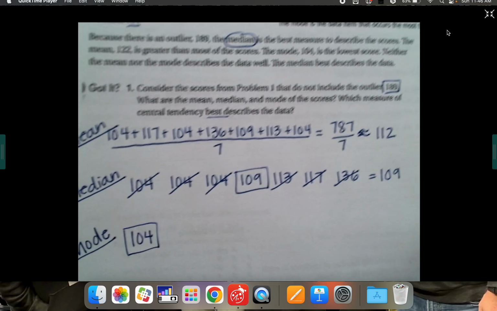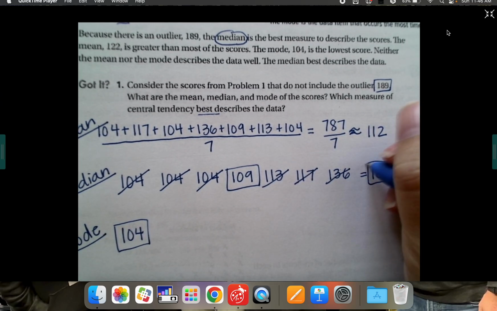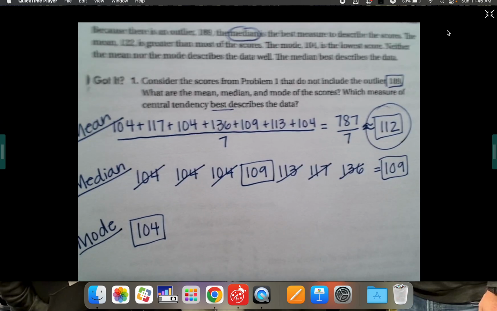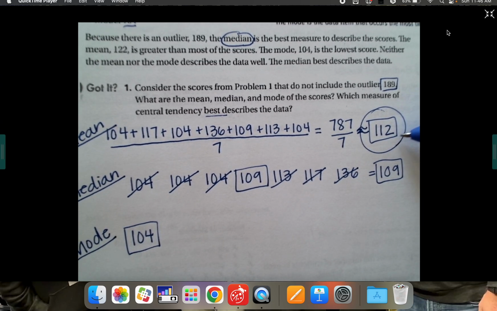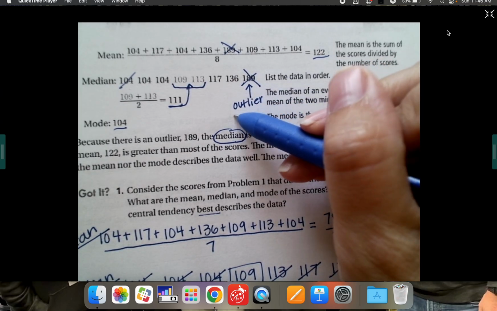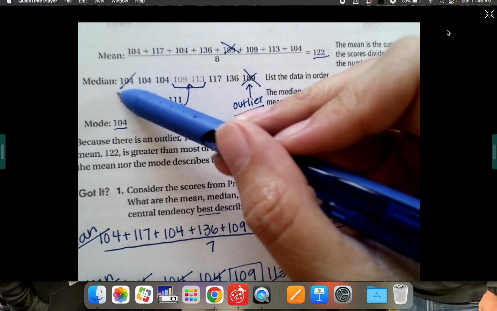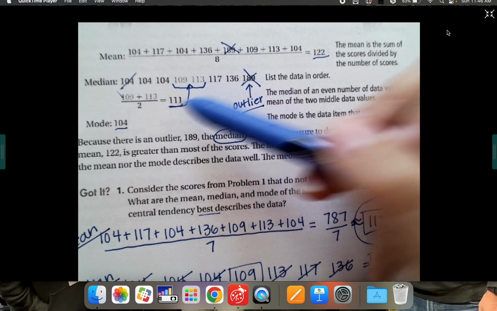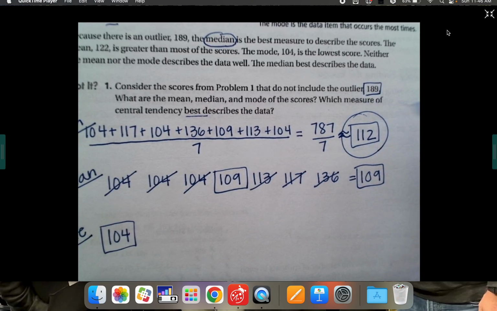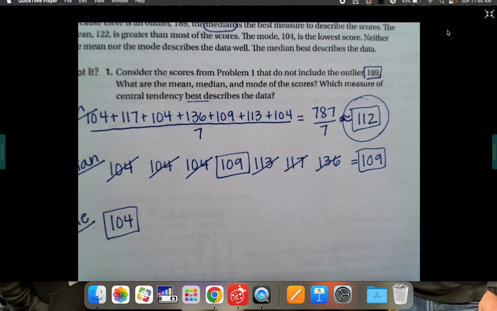All right, so the number that would best represent this data is going to be the mean. And I will tell you, it's almost always going to be the mean because the average best describes data unless there is an outlier. If there's an outlier, you're going to go with your median. But if there is not an outlier, like when we took this off, the mean is going to be the best representation of data.